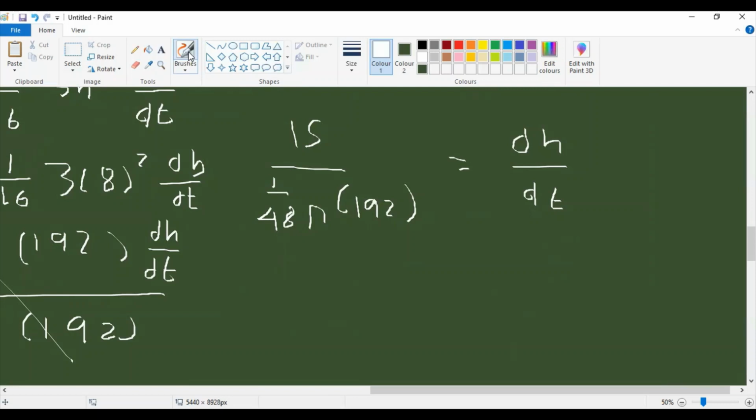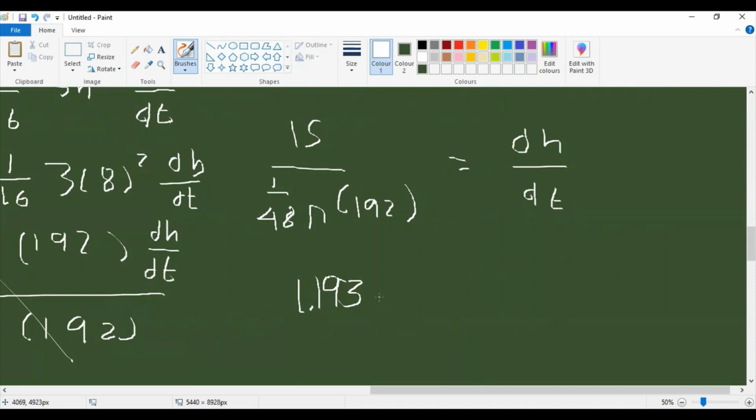So we calculate this equation, 1 over 48 pi times 192. So we will get our final answer of 1.93. I mean 1.193.